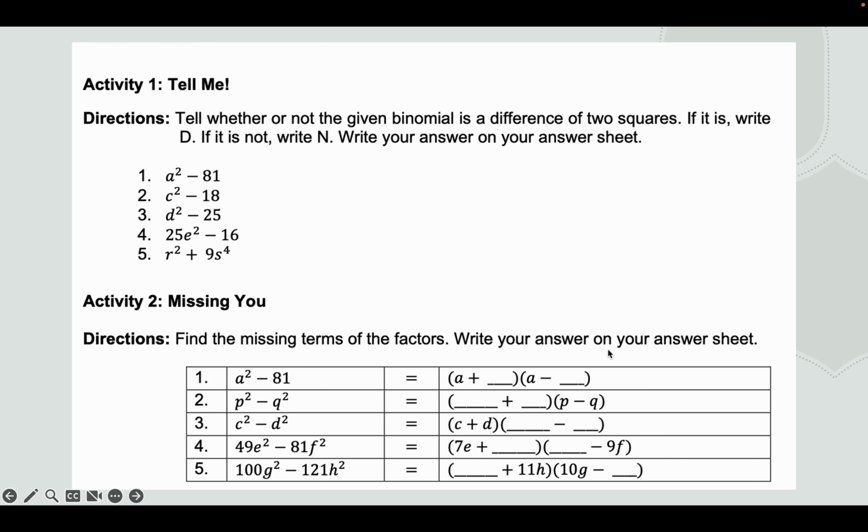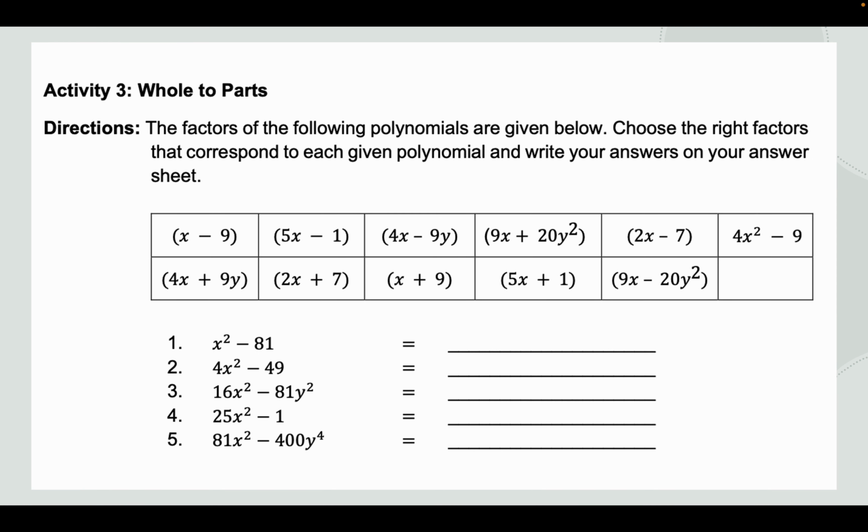Write the answer on your answer sheet or in your notebook. So all you need to do is find the factored form of the given binomial terms. And activity number 3, the last one, Whole to Parts. All you need to do, class, is identify the factors for the binomial, the sum and difference of two squares of the given binomial terms.